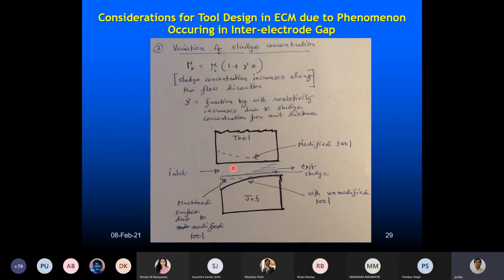So somehow we have to balance these two so that with the modified tool we are eventually able to get a flat horizontal job surface. So this is how all the effects I have talked about individually have to be considered and the corresponding change has to be made in the tool. Okay.